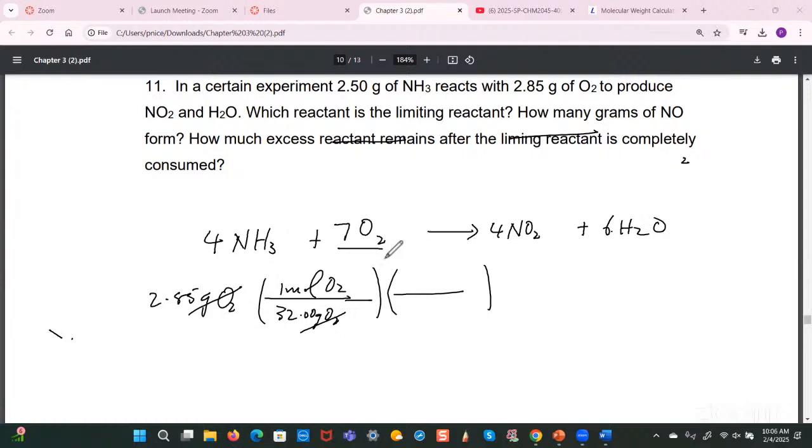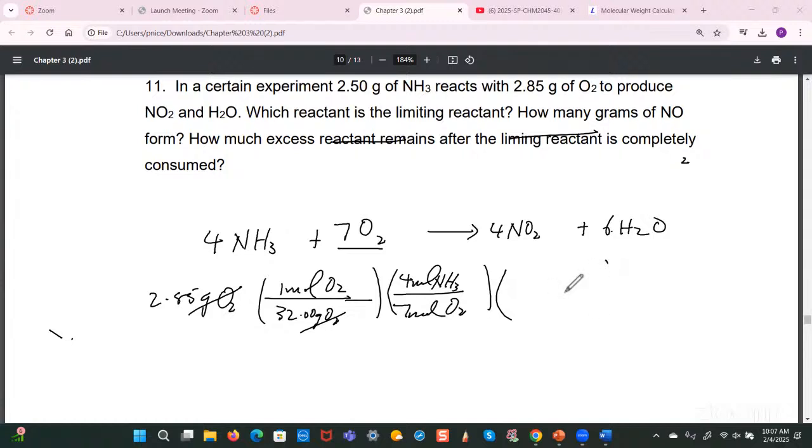Remember, the aim is to find out how much of the ammonia remains, right? So now that we have the moles of oxygen calculated, we are going to look at the mole ratio between oxygen and what? And ammonia, exactly. So what's the mole ratio based on the balanced equation? 7 moles of oxygen, which I'm going to place down here, and on top, I'm going to put 4 moles of NH3, right?